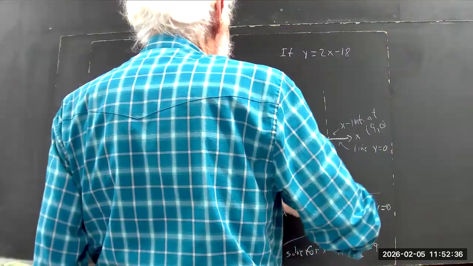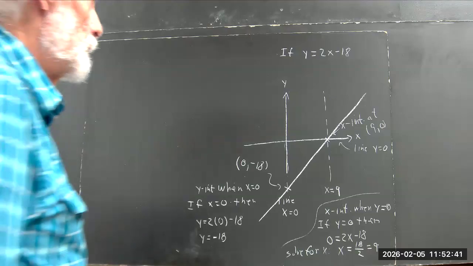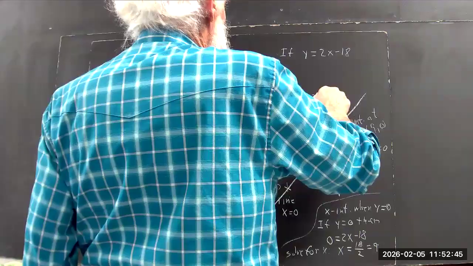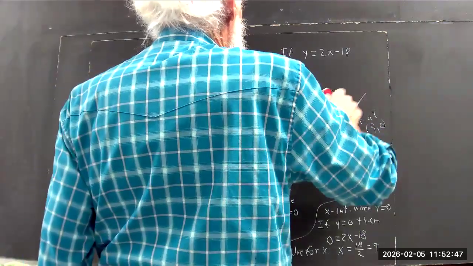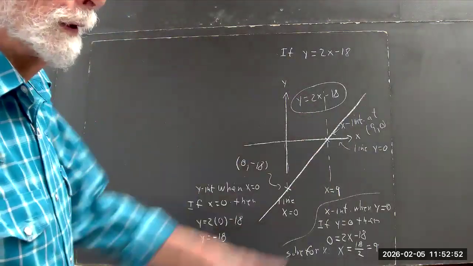Now we can sketch our line through the 2 points and label the line y equals 2x minus 18, which we write somewhere near the line so that we know what we've done.